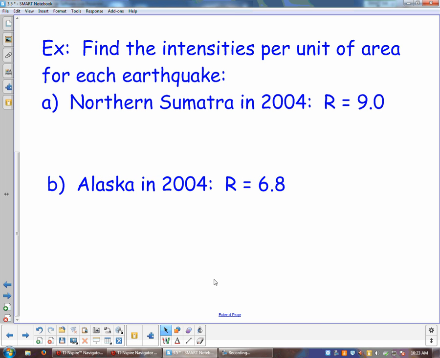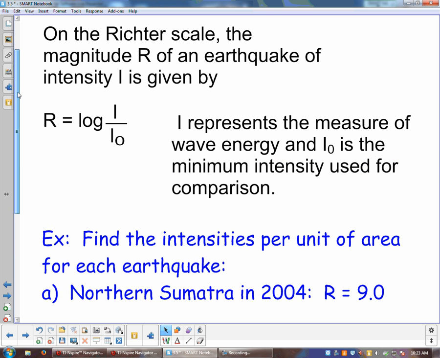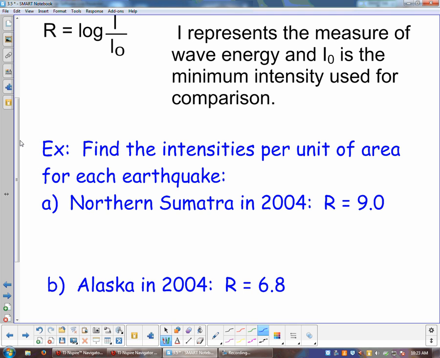All right, so there was an earthquake in northern Sumatra in 2004, which was really powerful, with a Richter scale rating of 9.0. So if we're going to find the energy released for this, the intensity of this, we're going to use this formula. R equals log I over I sub 0, but we're just going to plug in 1 for this I sub 0.